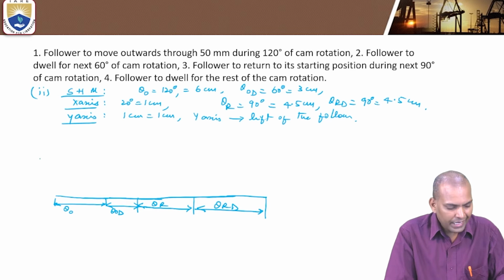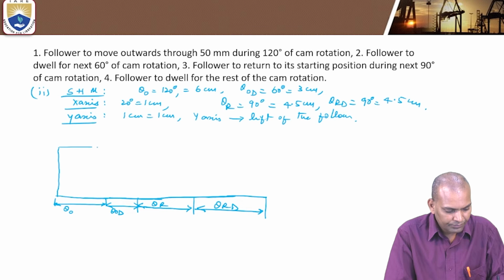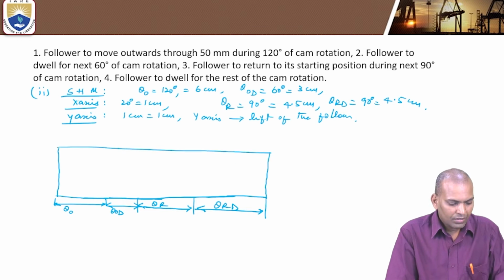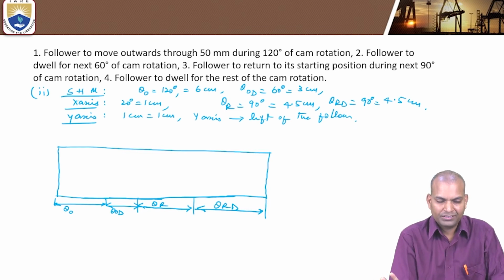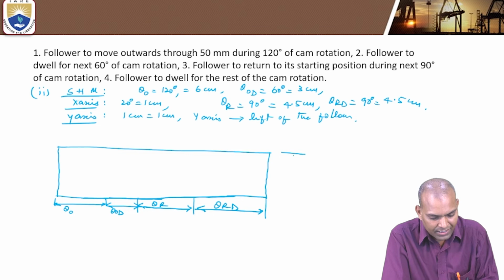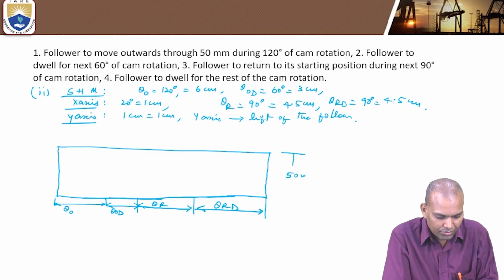This is axis X. What about axis Y? That is 50 millimeters. This box is constant for all types of follower motion. So what is this height? Height of the y-axis equal to 50 millimeters.